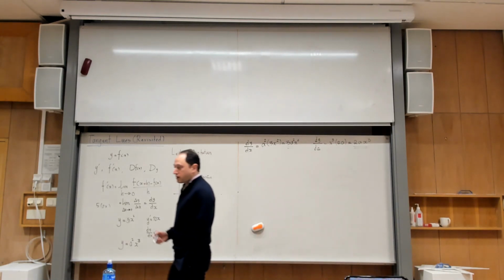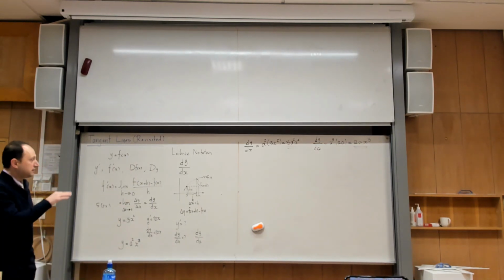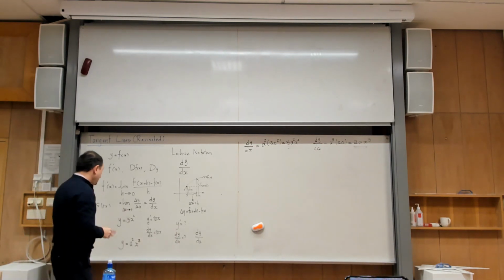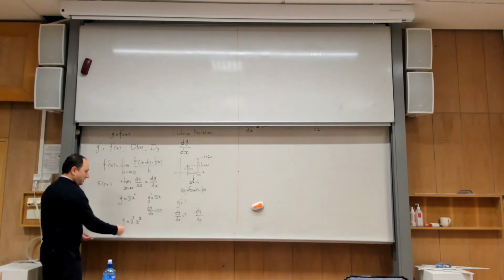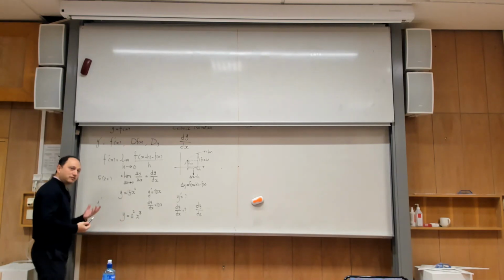So even though I told you that I will rarely actually use this notation, it is good to know about it. Is that clear? Yes. So if in the exam I give you this and I ask you y prime, it means that I have that convention in the back of my head that x is my variable.